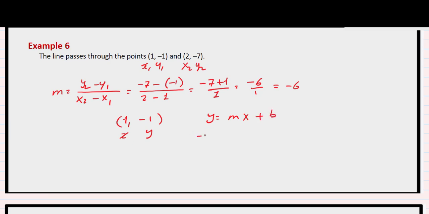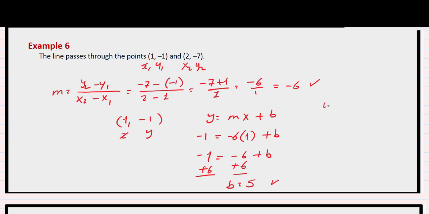So the y value is -1, the slope is -6, as we just found out, and the x value is 1, plus b. That's what we're supposed to find first. That's going to be -6 plus b, and we add 6 to both sides, and b is equal to 5. Now we have the slope and the y-intercept.